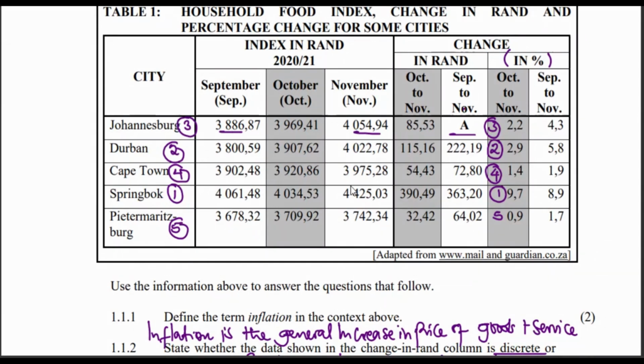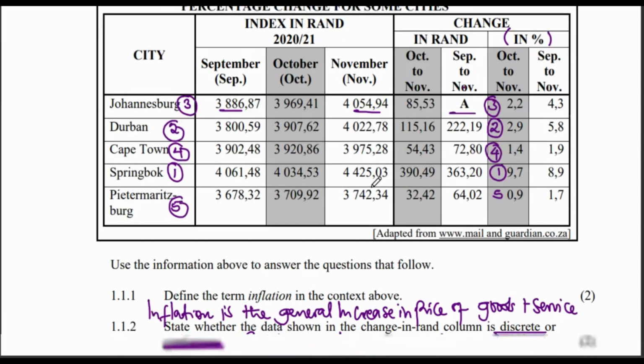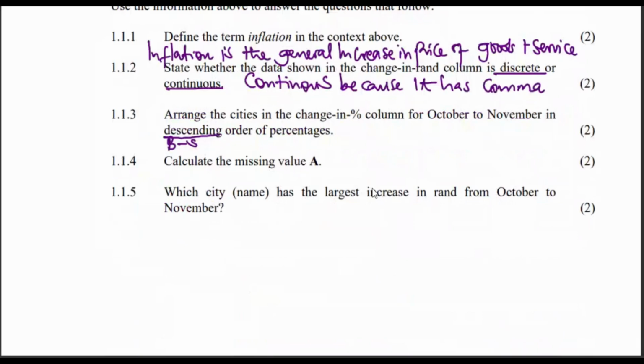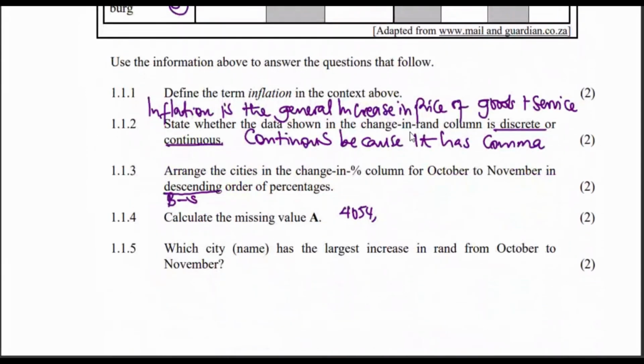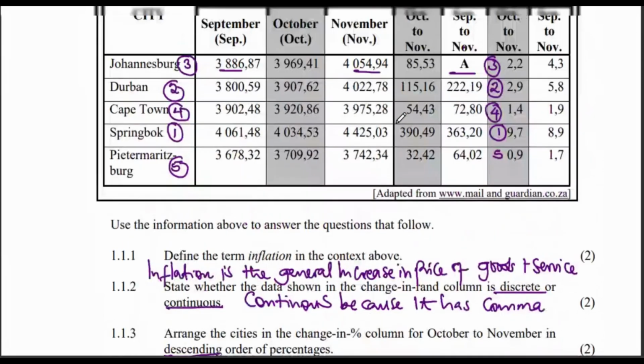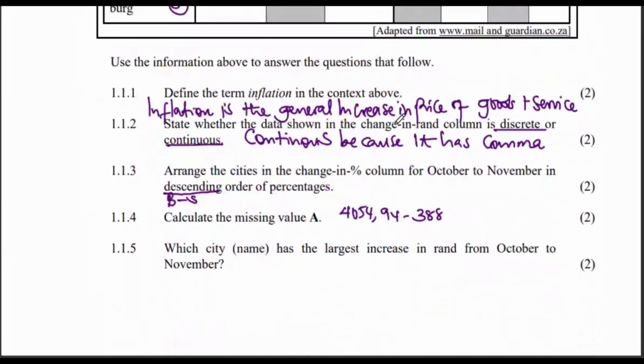That minus that, which is 4,054.94 minus 3,886.74.